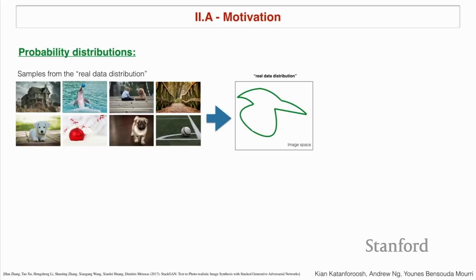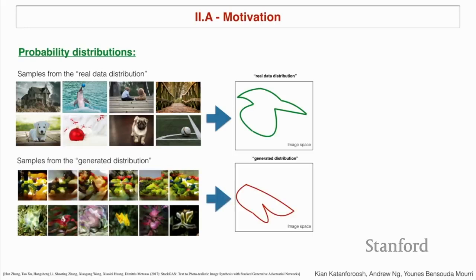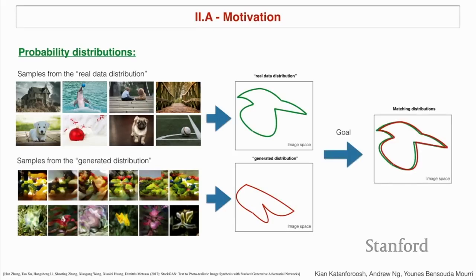Now, if you train a generator and generate some images that look like this, and these images come from StackGAN from Zhang et al., this distribution, if the generator is not good, is not going to match the real world distribution. So our goal here is to do something so that the red distribution matches the real world distribution. We're going to train the network so that it realizes what we want.